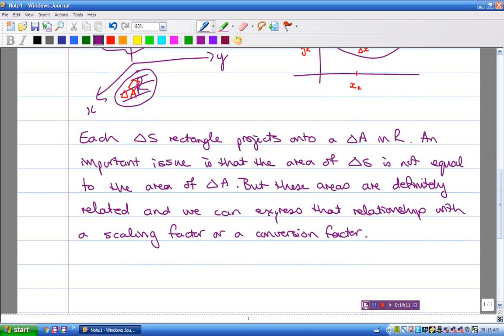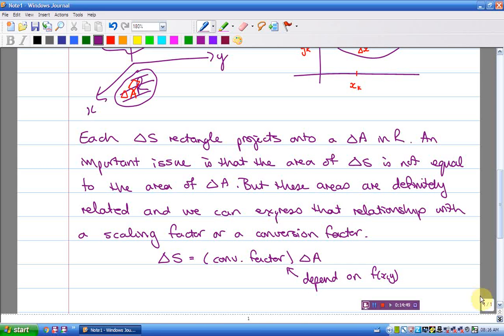Okay, so we're going to end up with delta S, which is what we're starting with. We've got an integral that's got a dS in it, which is all fine and well, but it's useless for actual calculation purposes. So we're going to turn it into some conversion factor times delta A, because the relationship between delta A and delta S can be expressed with this conversion factor, and the conversion factor itself is going to depend on the function that's describing the surface that delta S is a part of.